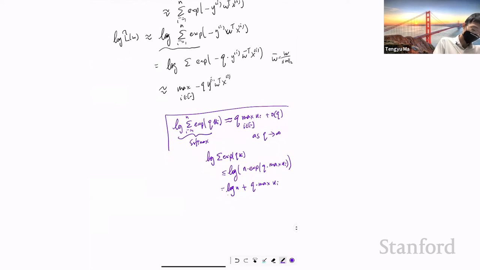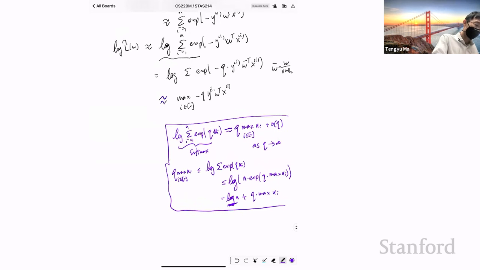The log N is small compared to Q because Q goes to infinity and N is fixed in this abstraction. On the other hand, for the lower bound, you only keep the term where you have the max and drop all the other terms, so there's no sum anymore. The log cancels with the exponential and you get Q max ui. So basically, this log sum exponential is close to the max up to a log N factor, but this factor will be small if Q goes to infinity. That justifies this step.